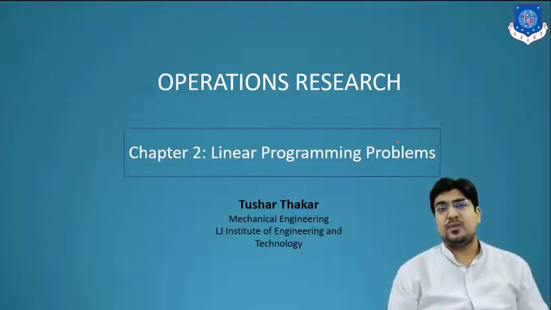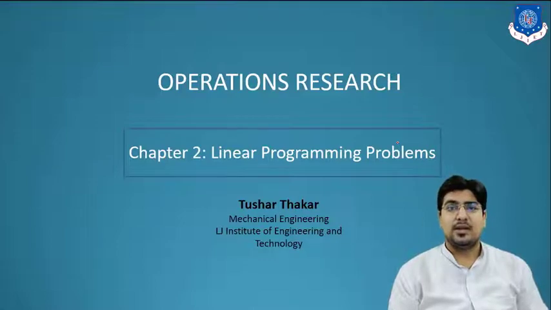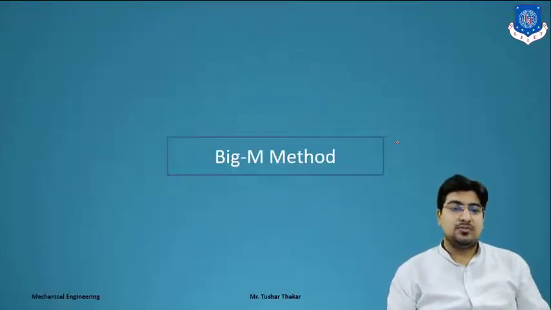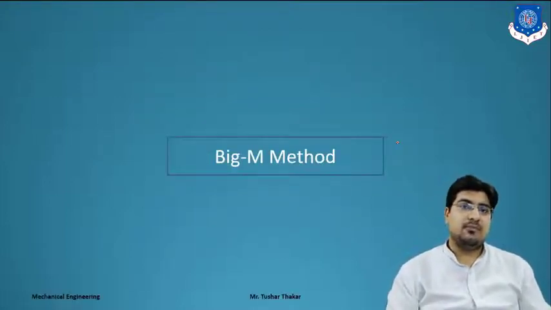So today we will learn one example on the big M method and clear all our doubts. Clear? Here is a brief overview of when we use the big M method.